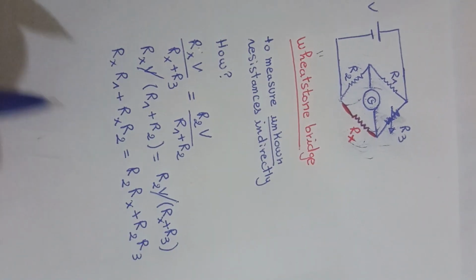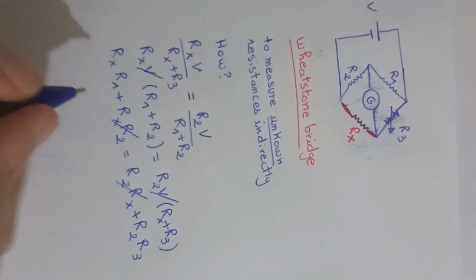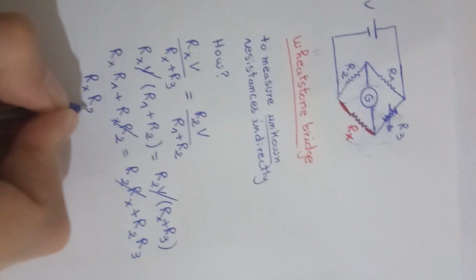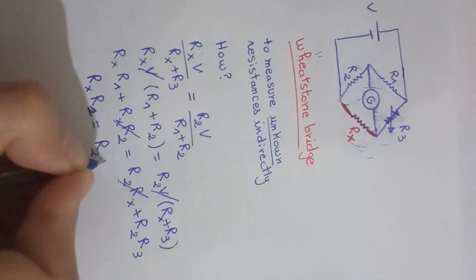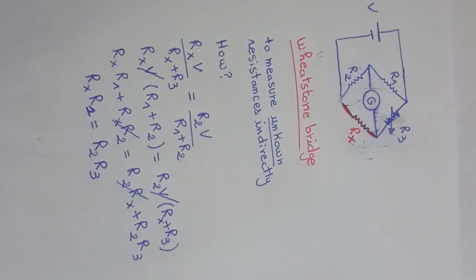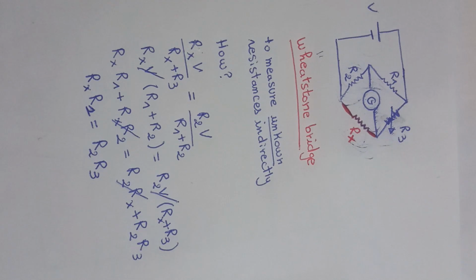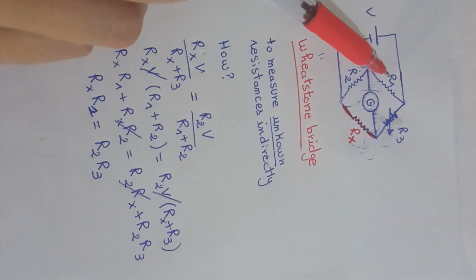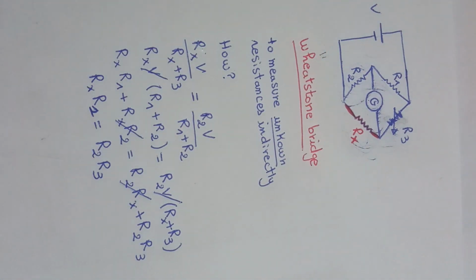You can notice that the Rx R2 terms cancel, and you will have Rx R1 equals R2 R3. So when we made this bridge balanced, we deduce that Rx times R1 equals R2 times R3.